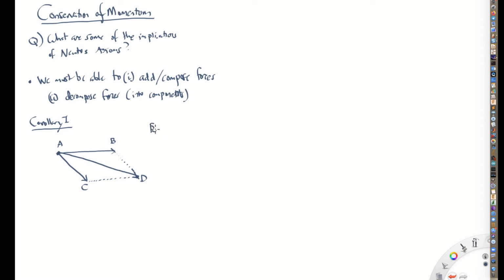So forces AB and AC give the same result, and by that I mean the same motion, as if a single force AD was acting on the body. Okay, so this is giving us a way to add forces.